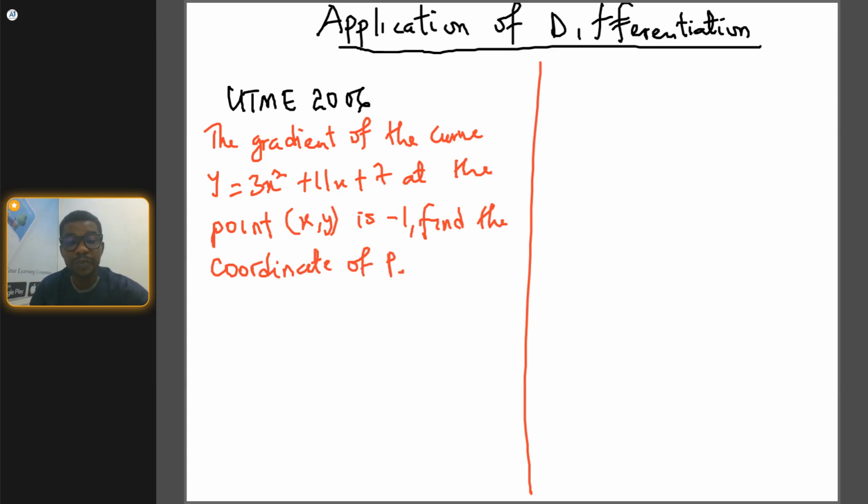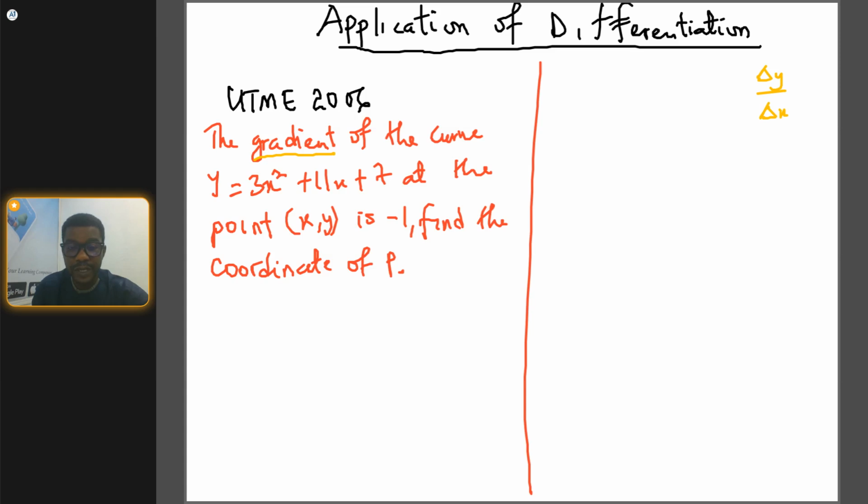Find the coordinates of P means find the coordinates of the point. And to solve this, we need to first understand the question. What is gradient? Gradient means slope. In physics, we call it slope. In mathematics, we call it slope. And in this topic, it is known as gradient. When you hear the word slope, it means you are working with change in y over change in x, which is also dy/dx.